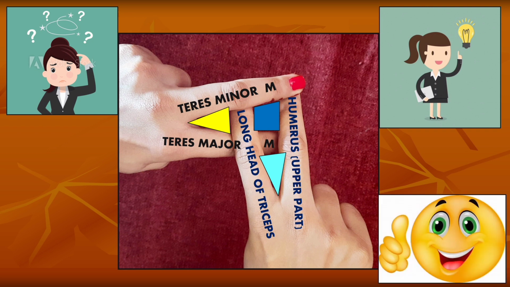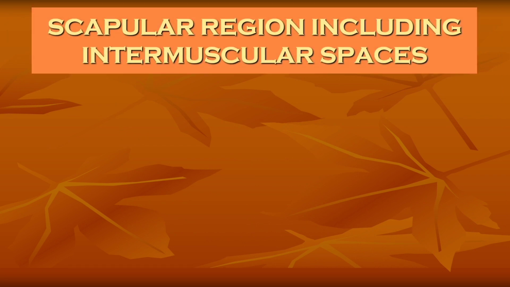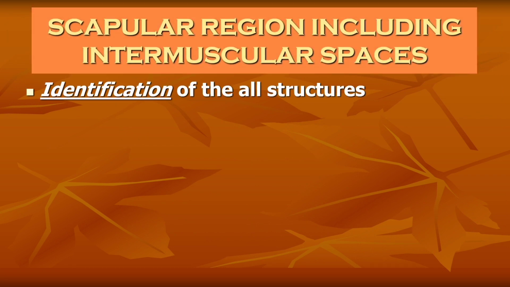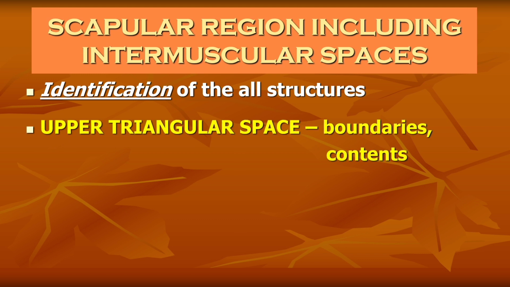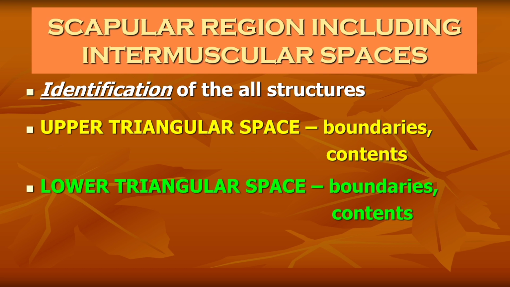Now move to the Viva questions on this topic. As you know, for all the practical and the Viva exams, identification of all the structures which are dissected is a must. That means one should be able to identify the muscle, vessel or the nerve. Upper triangular space can be asked for its boundaries and contents. Likewise, lower triangular space can be asked for its boundaries and contents.